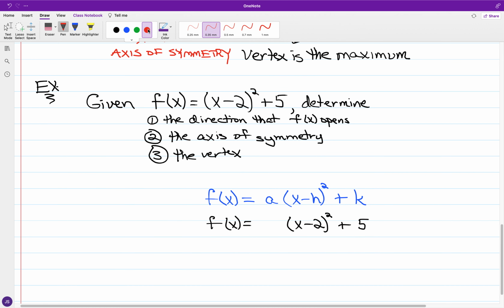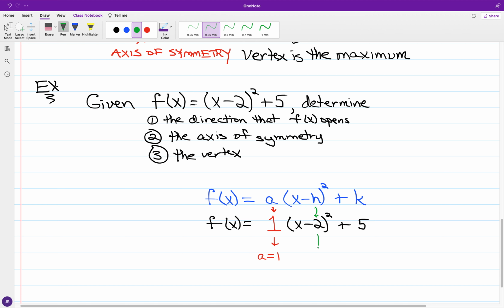Now, for what will represent a, h, and k, you don't have an explicit coefficient in front of the square of x minus 2. So implicitly, you want to have that a is equal to 1.